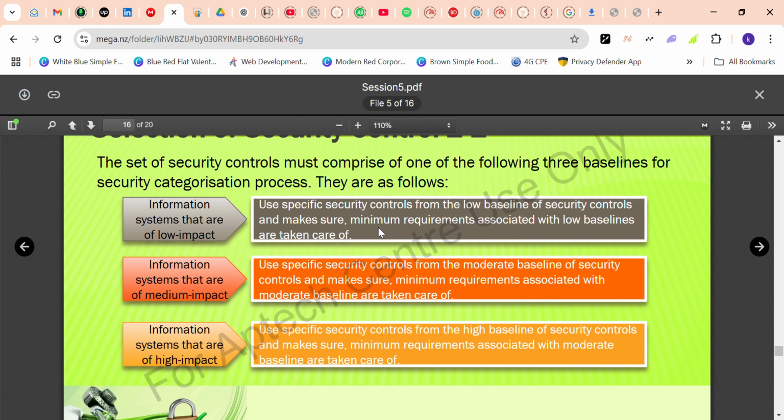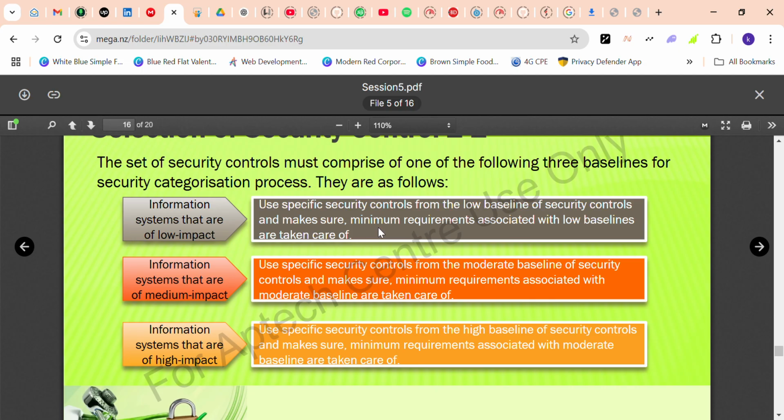So we should use the minimum requirement associated with the security control that we talked about before, the minimum security standard that we should use. You know that we discussed the minimum security standard that must be set on every information system.